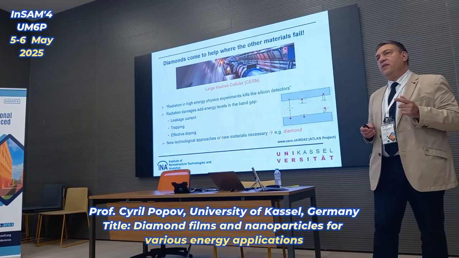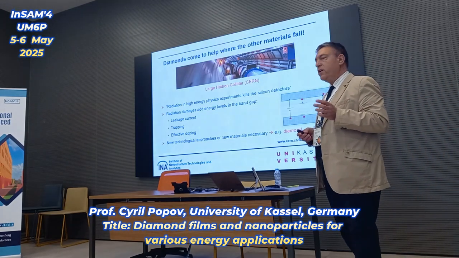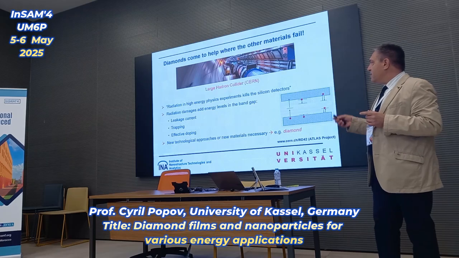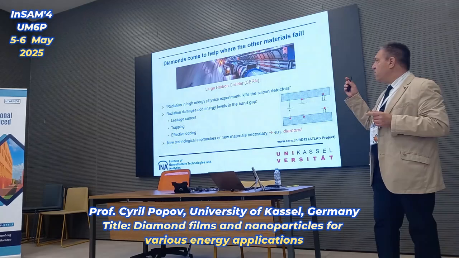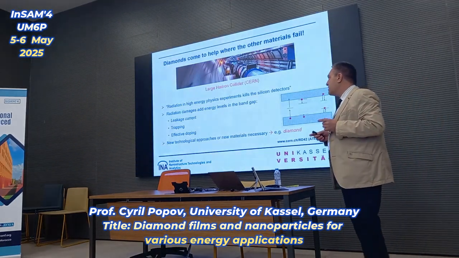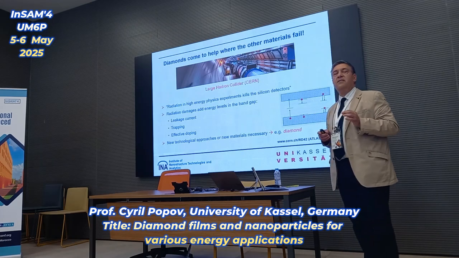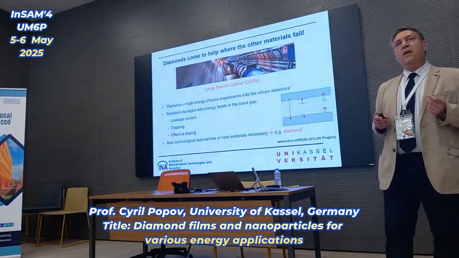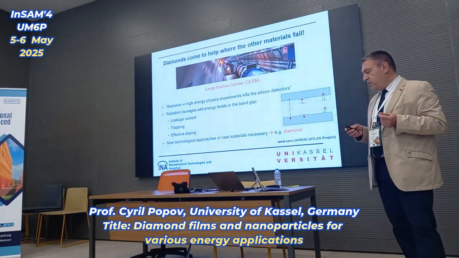So during the initial tests of the so-called Atlas project, the leader of the team realized and published in the report, radiation in high energy physics experiments kills the silicon detectors. And why did it happen? So why did they have these technical problems from the very beginning?